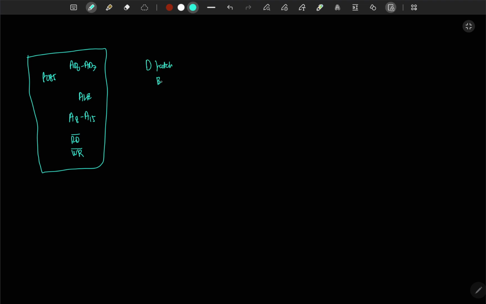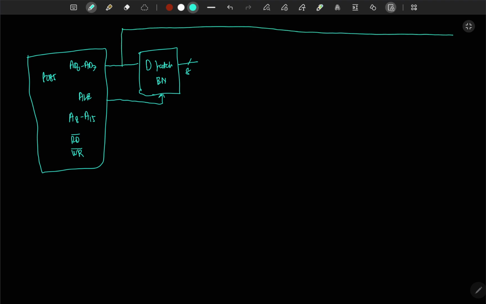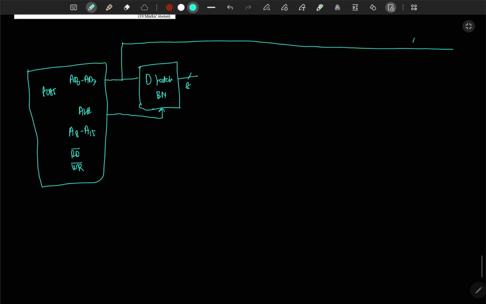Let's do the D latch first. We put AD into D, then as said, ALE into enable. Then we put an output line here, and here an upward line goes as such, and we write D0 till D7 because it's a data line. When it's going here, it's going to be A0 till A7.